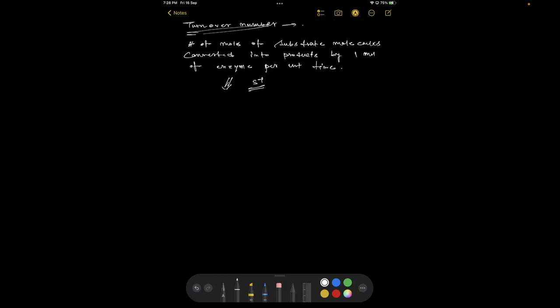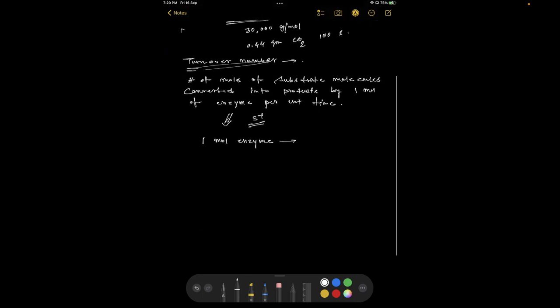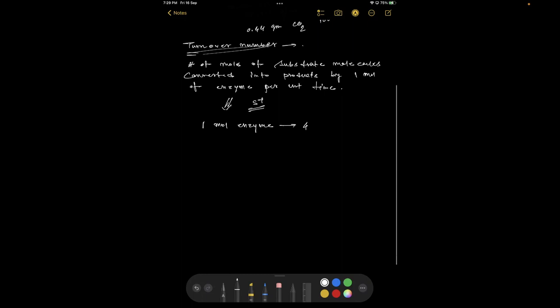That means 1 mole of enzyme converts 4 times 10 to the power 5 mole of carbon dioxide to bicarbonate in 1 second, right?